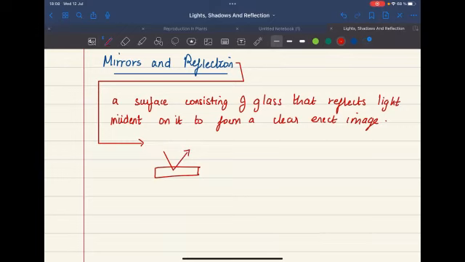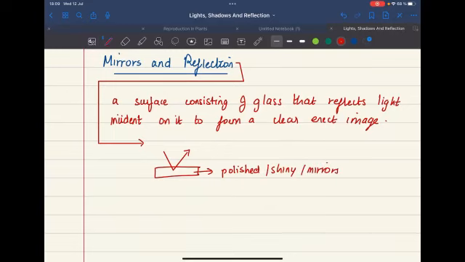Any surface that is really well polished. So this surface should be polished, or it should be shiny, or like a mirror, or act like a mirror.